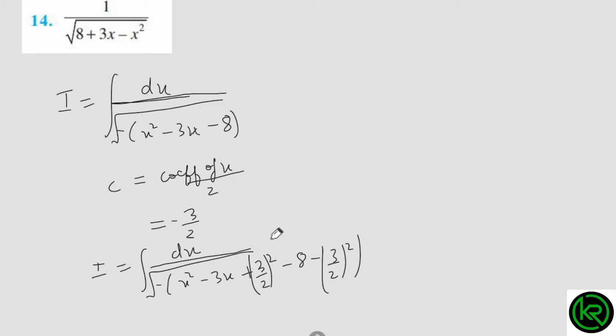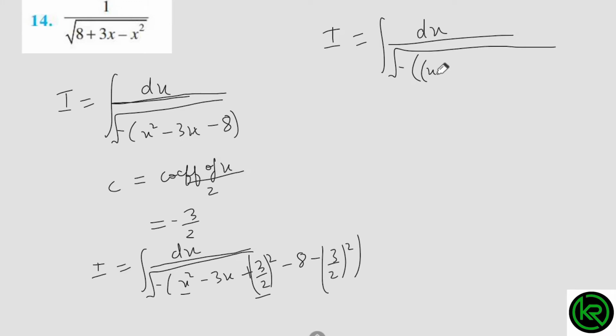Okay, students, now this is a square, this is b square, minus 2ab. So we are getting here I equals to integral dx, we are getting x minus 3 by 2 whole square, it is forming (a minus b) whole square. So here we will get this and minus 8 minus 9 by 4.